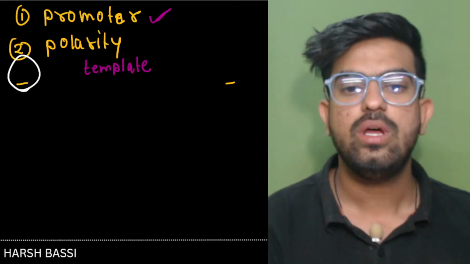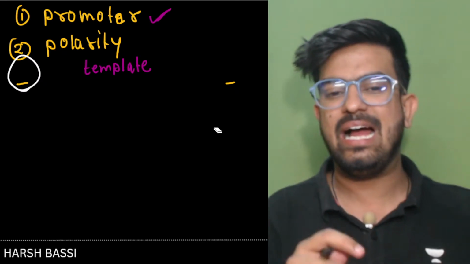Chalo, till then let's revise something. What things have we discussed? If we have to identify the template strand, first I see the position of the promoter. Then I check the polarity.